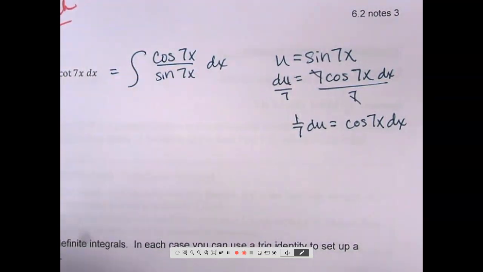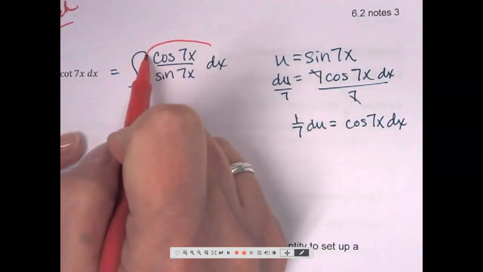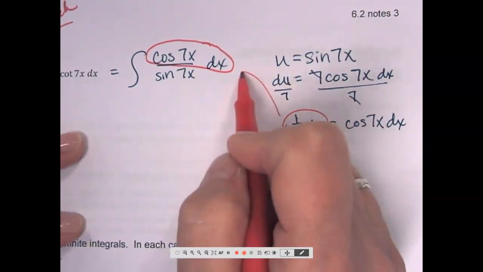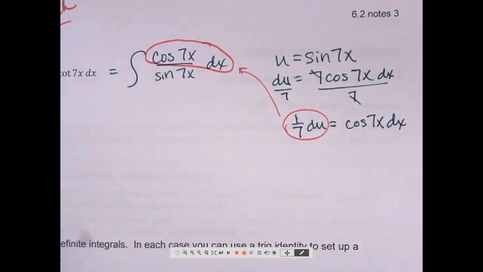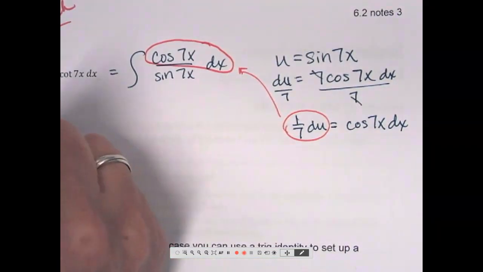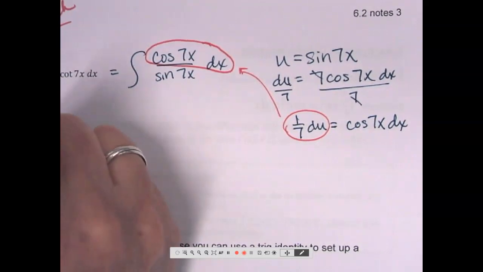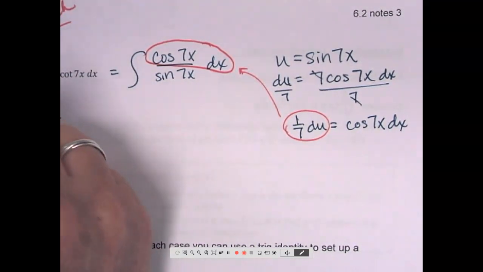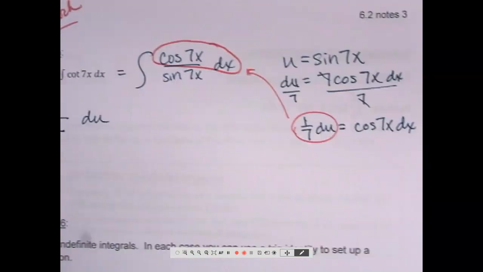Okay, so over here, this whole thing here will get replaced with that. All right, so rewriting this in terms of u, that would be 1 over u times 1/7 du.